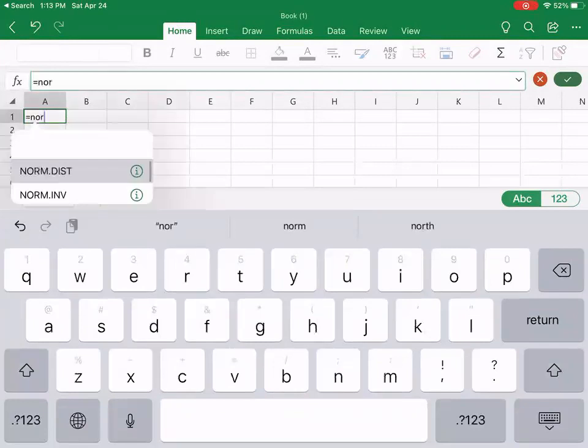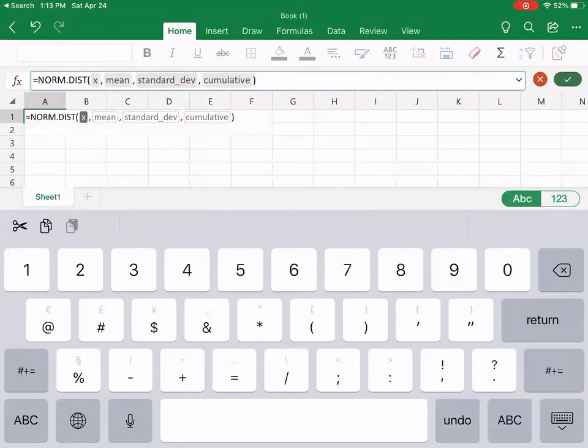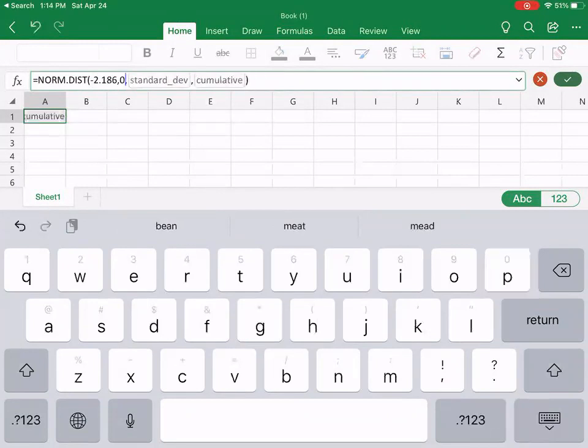So I want to do norm.dist. The x here is the value I'm calculating up to, so I want to calculate negative 2.186. The mean of the curve is 0. The standard deviation is 1. Cumulative, you set to true.